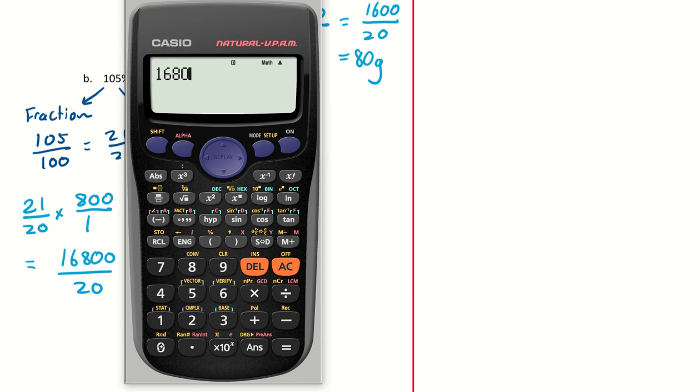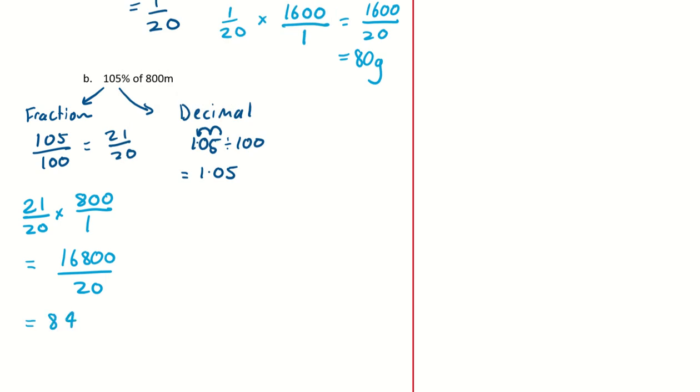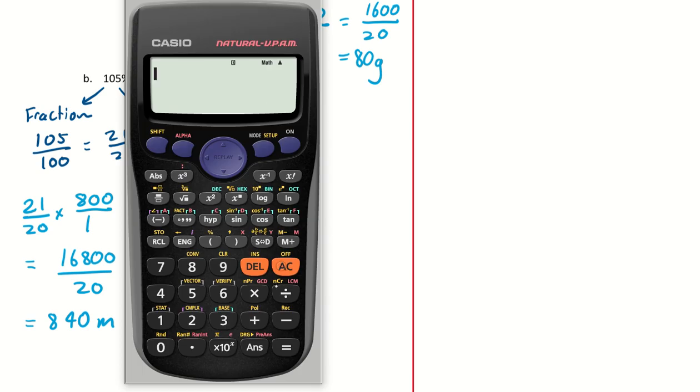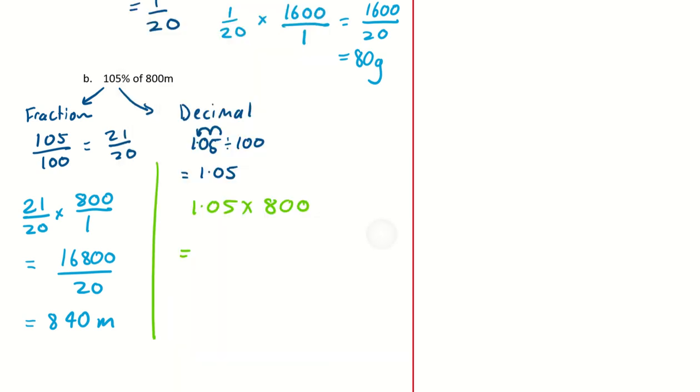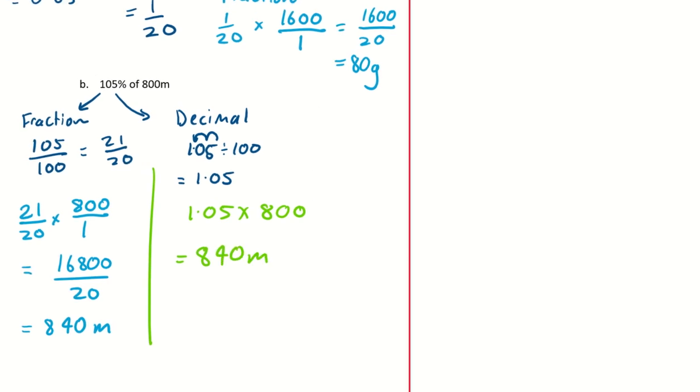So I have 16,800 over 20. That'll give a nice answer of 840 meters. Very good. Now, let's do decimal. So I'll go 1.05 and we can put this straight into our calculators. So we'll go 1.05 times 800, and we should get the same answer here, 840. Perfect. 840 meters. Okay, make sure you copy that down.